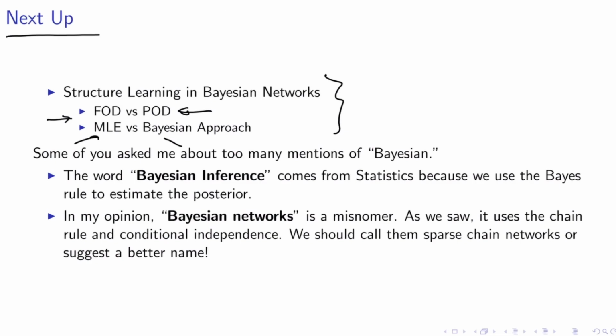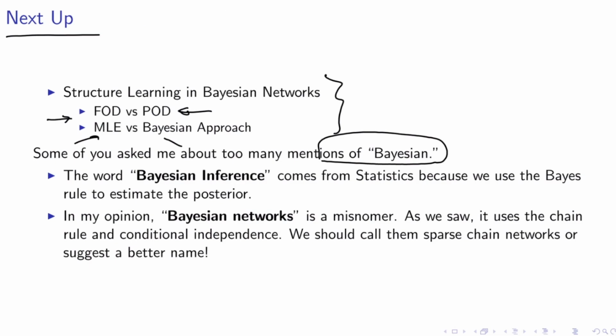So in last class, we looked at the Bayesian approach for learning the parameters of a Bayesian network under the assumption that the data was either fully observable or partially observable. One of the complaints I got on Piazza was that there were too many mentions of the word Bayesian.